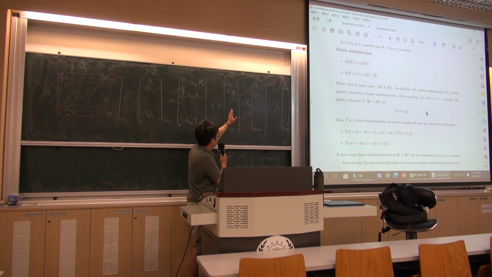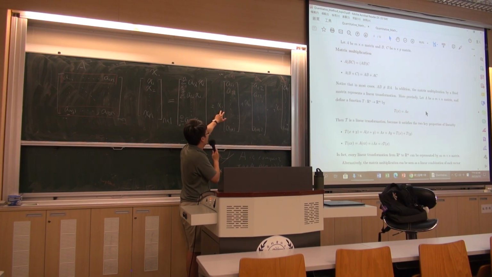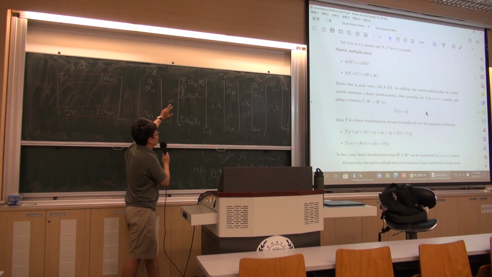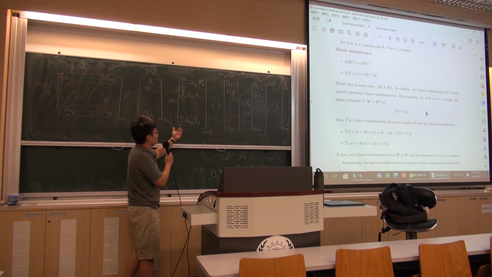This is the first column of matrix A, second column, up to the nth column. You multiply by the first element of the vector x, the second element of x, up to the nth, and you add them up, you will get the same result.